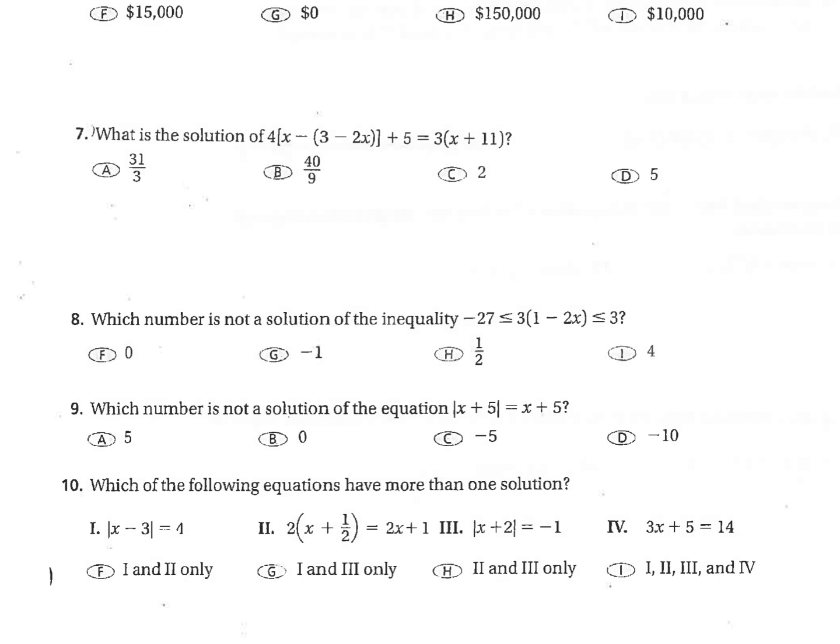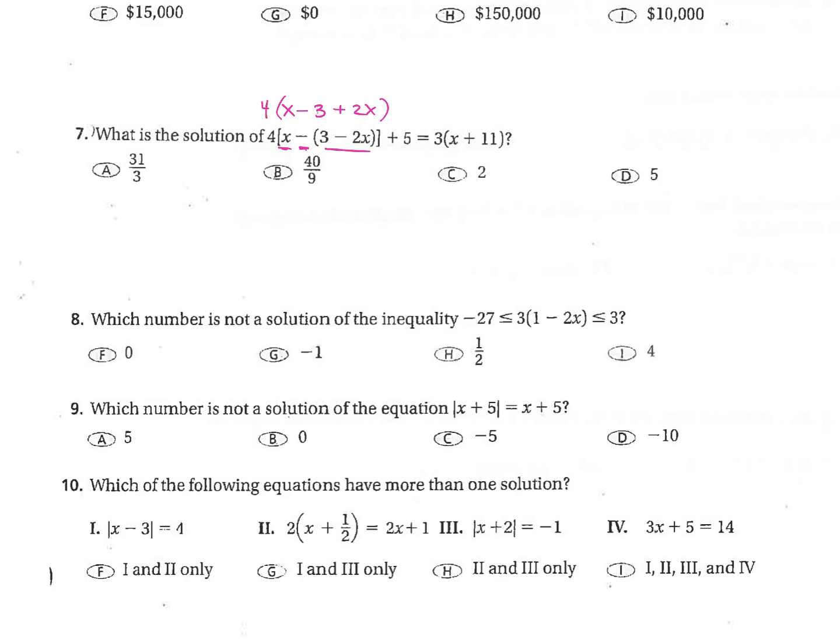So this one says, what is the solution? Now, there's a lot going on here, and all those parentheses and brackets can get a little bit fancy. This is saying x minus this whole thing, right? So it's x minus 3, and then minus a negative 2x is actually plus 2x, okay?